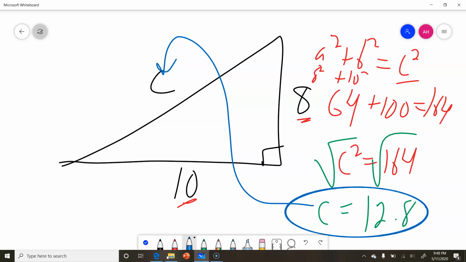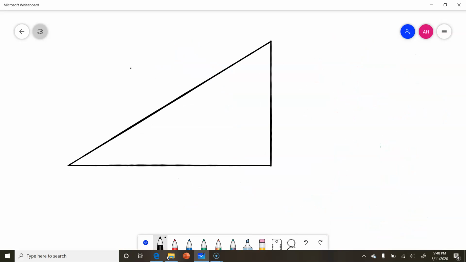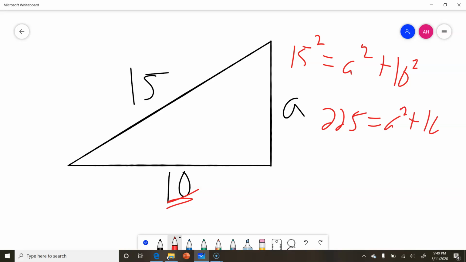Okay? Now, if they do it the other way around, if they happen to give you, let's say, 15 is this side, and this side is 10, what is a? Remember, all we do is plug it into our formula. We do c squared, which is 15 squared, equals a squared plus 10 squared. So 15 squared is 225, equals a squared plus 100.